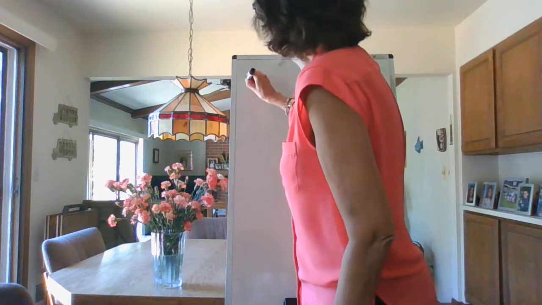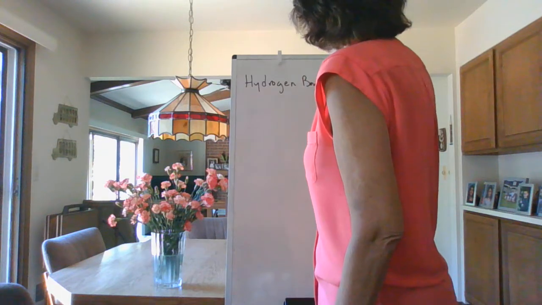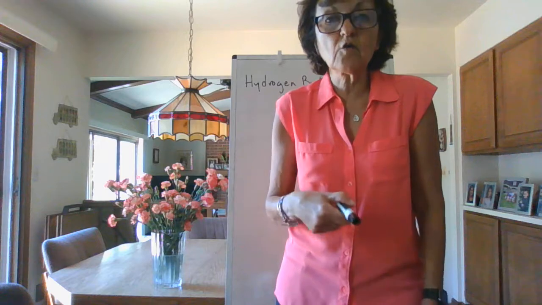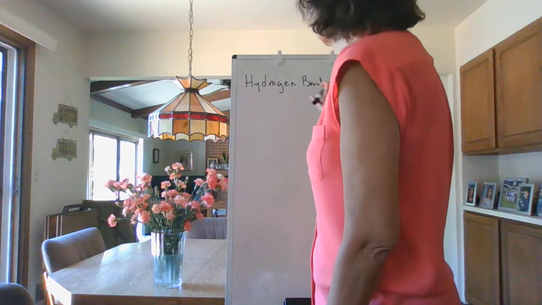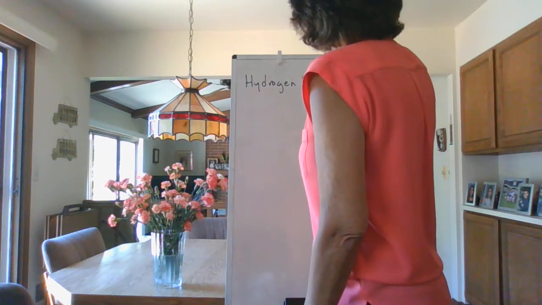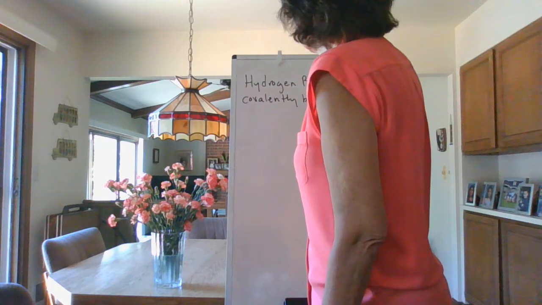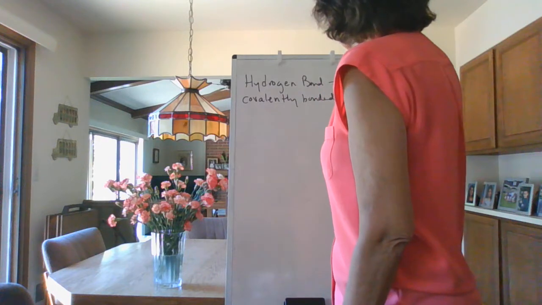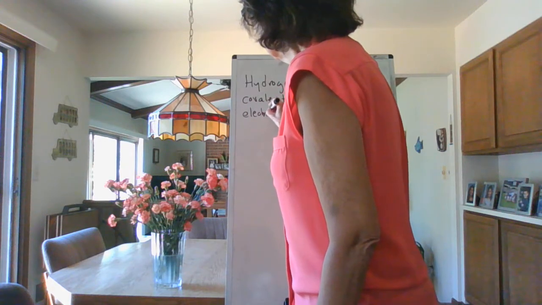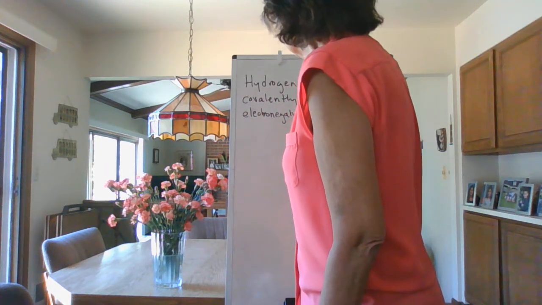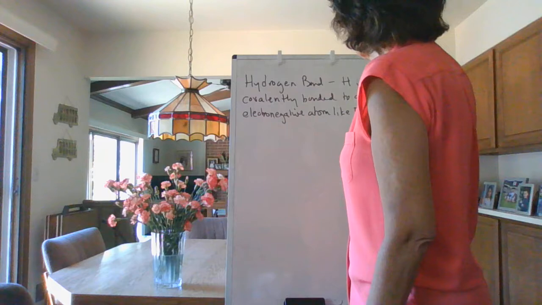So let's write down what a hydrogen bond is. Again, it's an intermolecular force, so it's not as strong as a covalent bond, but it is the strongest of the three intermolecular forces. A hydrogen bond occurs when a hydrogen is covalently bonded to a highly electronegative atom like fluorine, oxygen, or nitrogen.